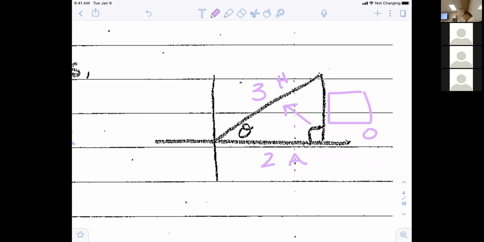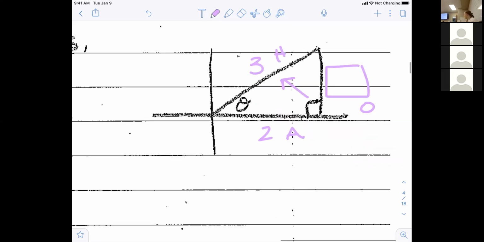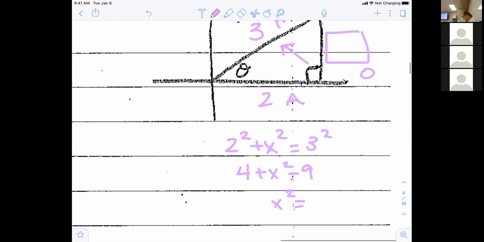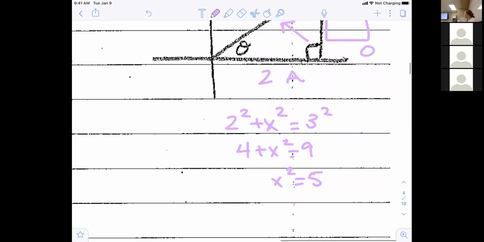Can someone set up Pythagorean theorem for me? Perfect, Brooke. You could also do x squared plus 2 squared equals 3 squared. And then we start solving. That becomes 4 plus x squared equals 9. And then x squared equals 5. And then radical 5 is my x.